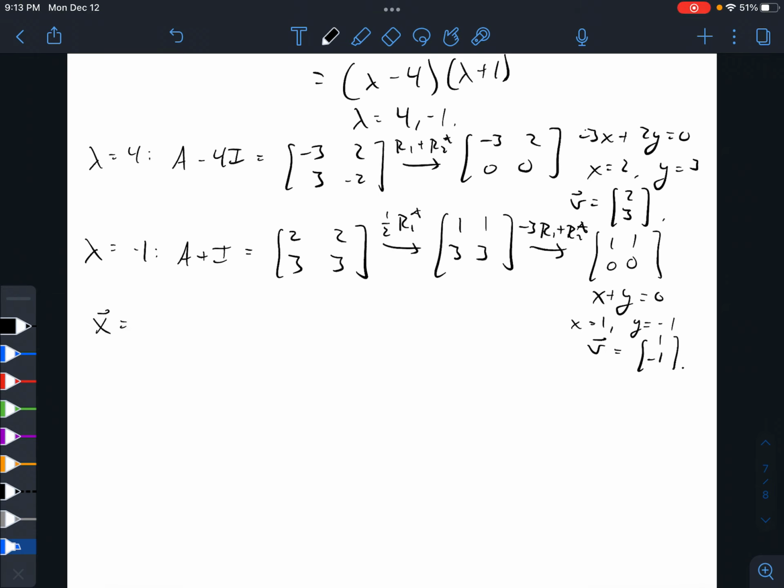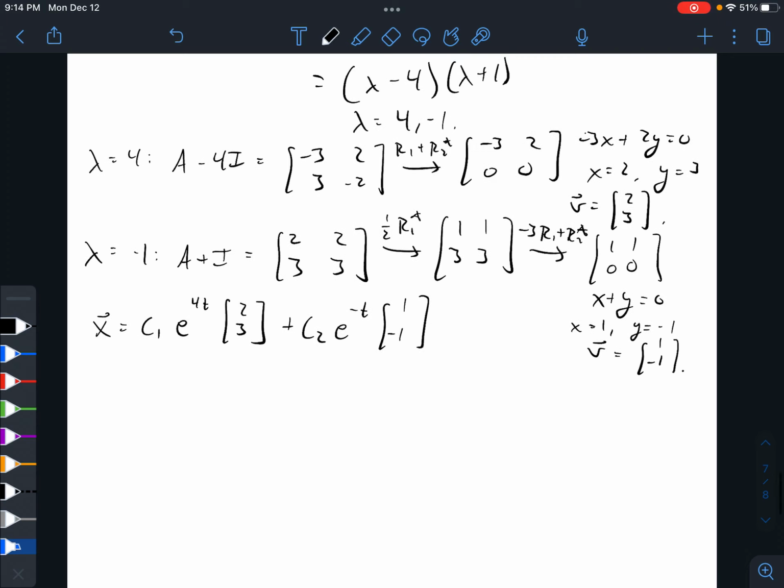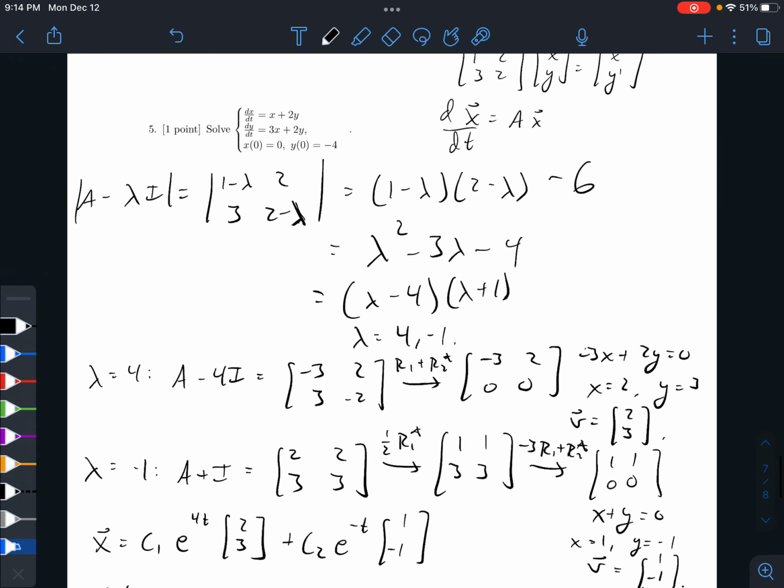So our general solution is x equals c1 e to the 4t times that eigenvector plus c2 e to the negative 1t times that corresponding eigenvector. And we need x of 0.